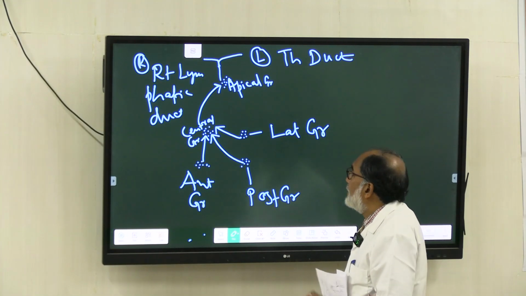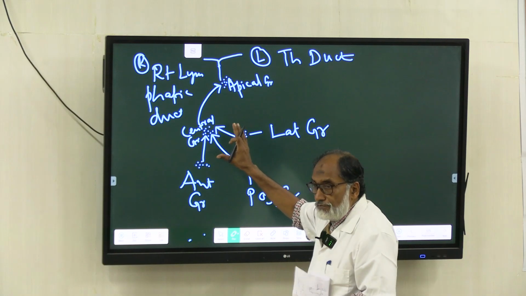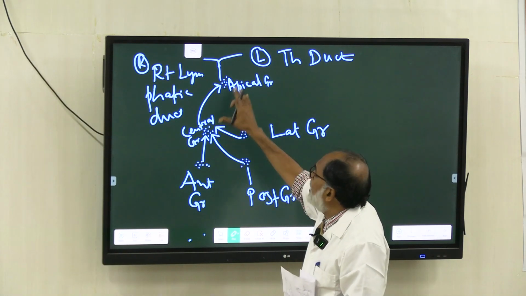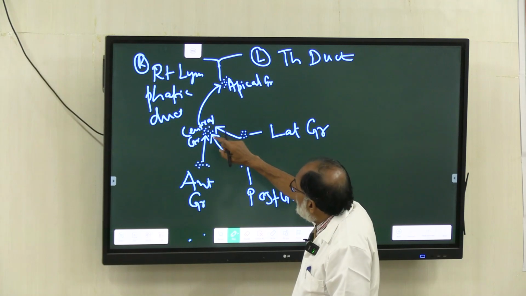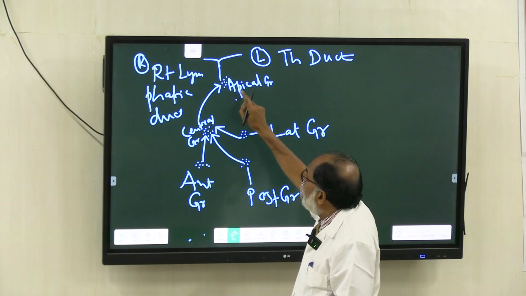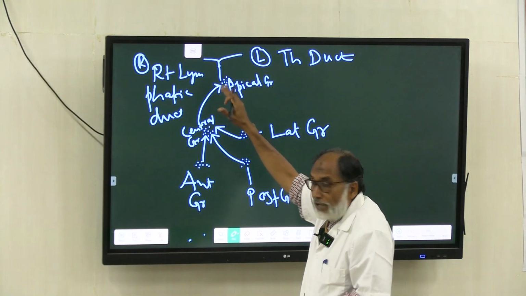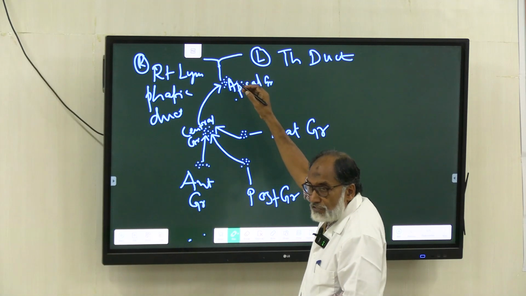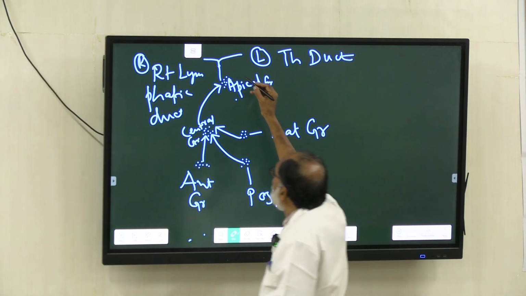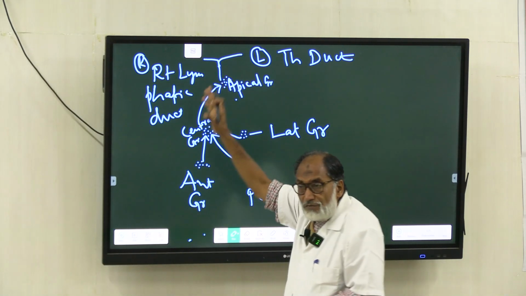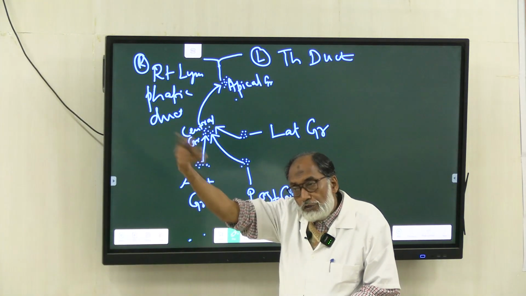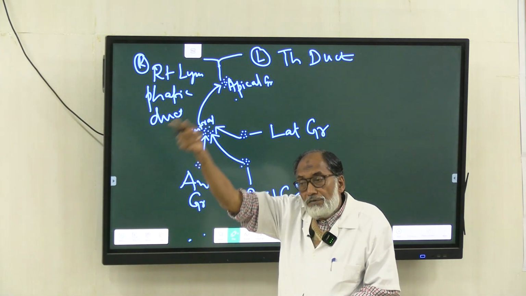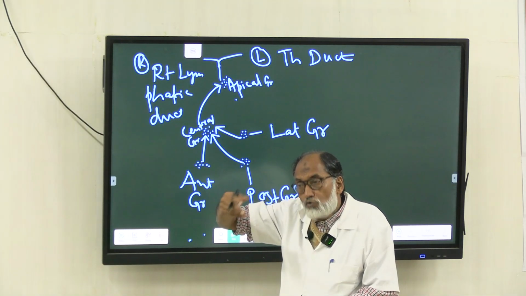Right? Now, all this will go to the apical group. From central the efferent will go to the apical. From apical, it will go as subclavian lymph vessels. These subclavian lymph vessels will join with the jugular lymph vessels.